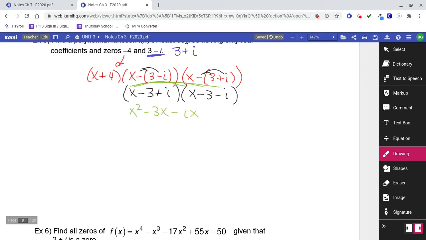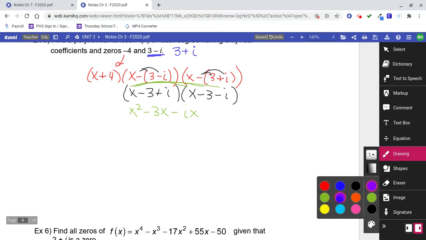Then distribute the middle term. We're going to have -3x, and -3 times -3 is plus 9, and -3 times -i is plus 3i.